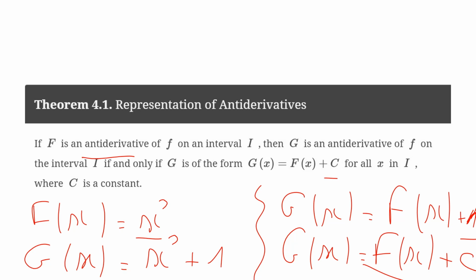But F of x can be any solution. Let's say if we had F of x minus 1 here, then we can go from F of x to G of x just by adding 2 here instead of 0 or 1. It depends on the constants that are different between F of x and G of x.